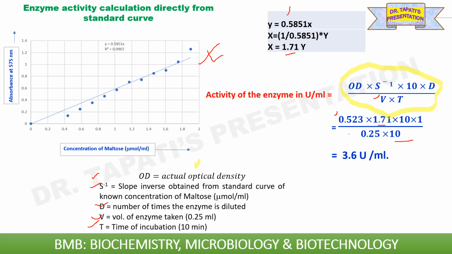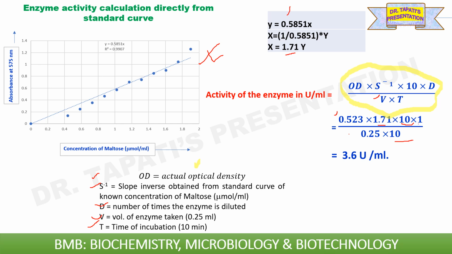1.71, and as I told you, initially we are taking 0.2 ml of reaction mixture in order to get the reducing sugar content through the DNS method, but we have to calculate the reducing sugar or maltose content in 2 ml, so we are multiplying by 10.